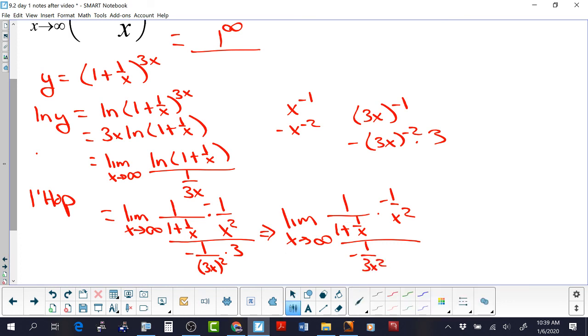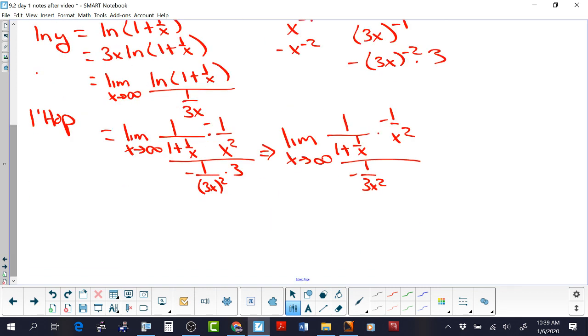So now we have some algebra to do. I got to clean all that up. Let's multiply by negative 3x squared on the top and the bottom. Limit as x approaches infinity of 1 over 1 plus 1 over x.